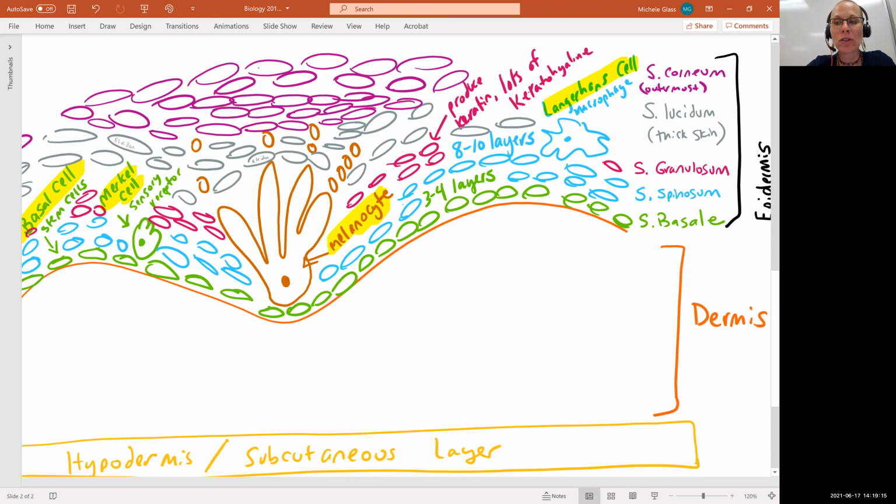And those layers are the stratum basale, spinosum, granulosum, lucidum, and corneum. And remember, the stratum basale is sitting on top of the dermis, where the stratum corneum is the outermost layer of the epidermis and the stratum basale is the innermost. When we look at the dermis, remember we're going to have the two layers.